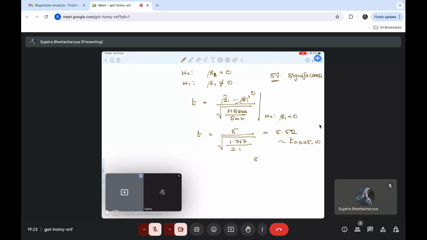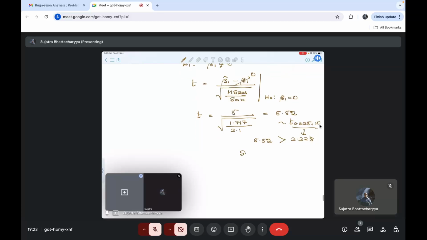So 5.52 is much greater than 2.228. This value is 2.228. So it is significant at the 5% level.